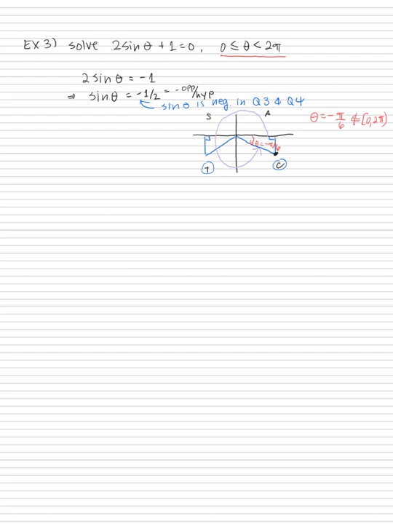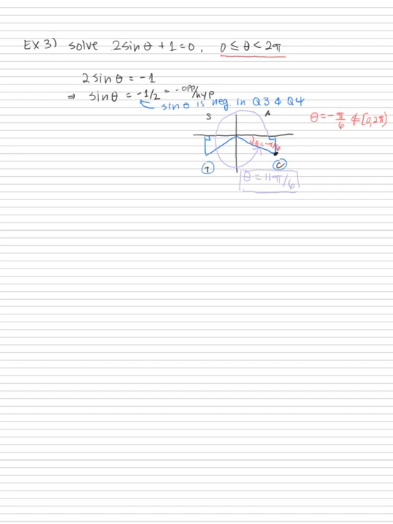It should give you that angle. So our theta in this case is 2 pi minus pi over 6. So what is that going to give us? 11 pi over 6. Okay, so keep that in mind. And 11 pi over 6 is inside of 0 to 2 pi.